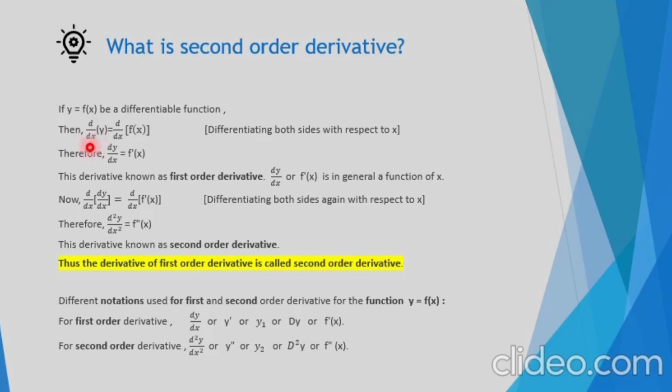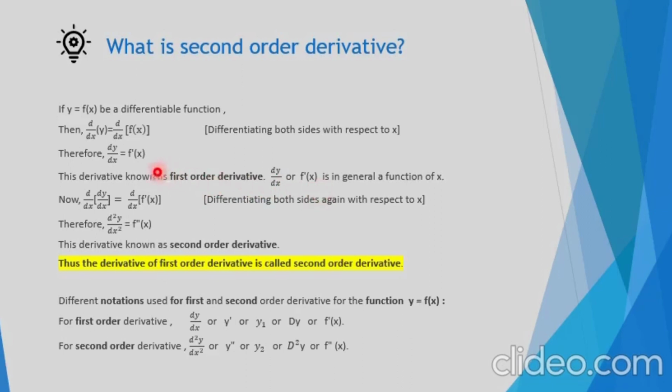We will get d/dx of y equal to d/dx of f(x), and you know that. Therefore we can write dy/dx equal to f'(x), and this derivative is known as first order derivative. The dy/dx and f'(x) both represent the first order derivative.